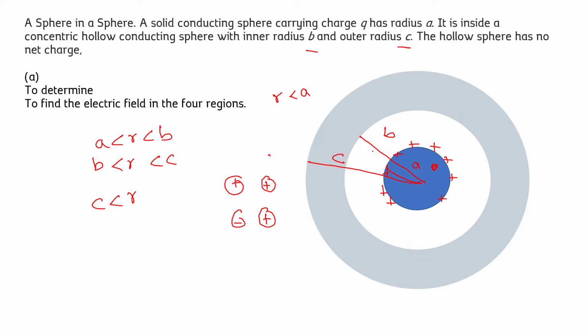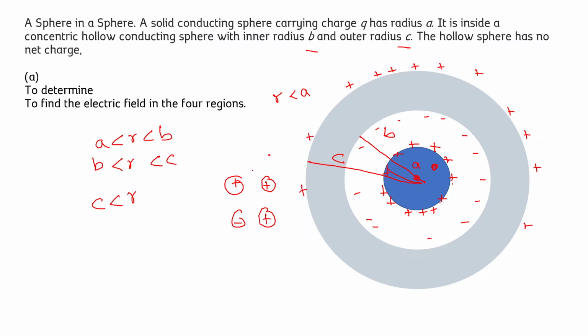So as we can see, due to this positive charge, there would be polarization of the outer sphere, where the negative charge gets concentrated on the inner surface, as it is neutral initially, and the positive charge gets concentrated on the outer surface, due to the effect of polarization.